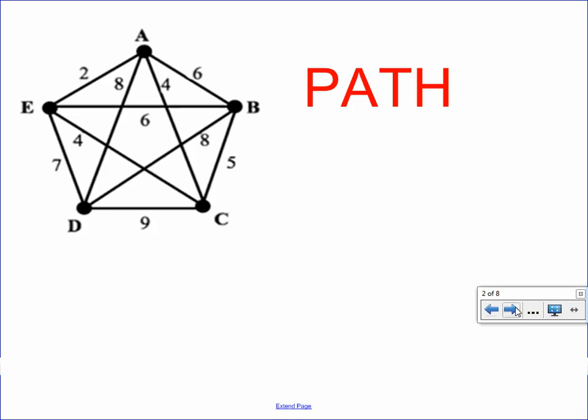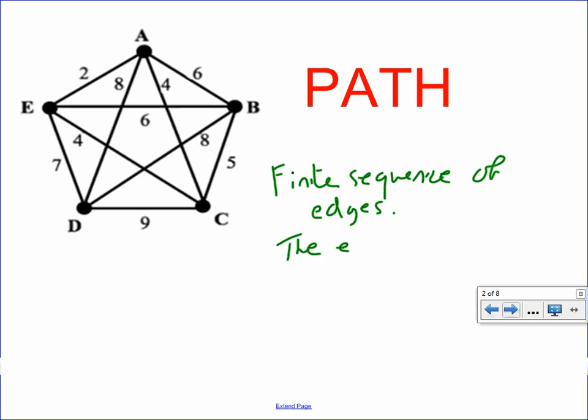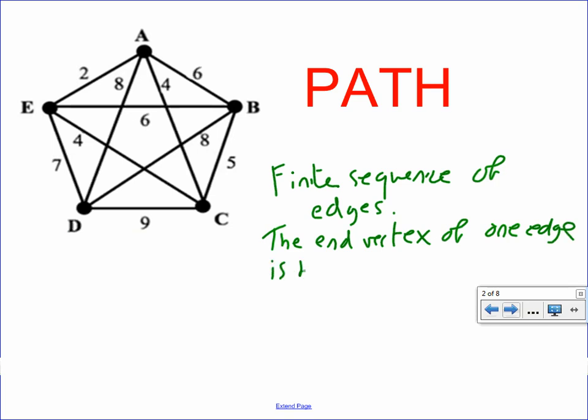Now, do you want to write it as I say it, because that will help get it into your brain a bit. So a path, it's a finite sequence of edges. The end vertex of one edge, that's the end, like corner, blob bit on the end, of one edge, is the start vertex of the next in the sequence.